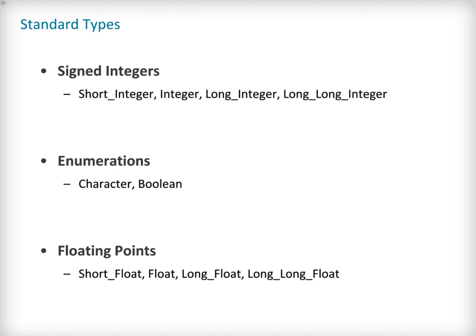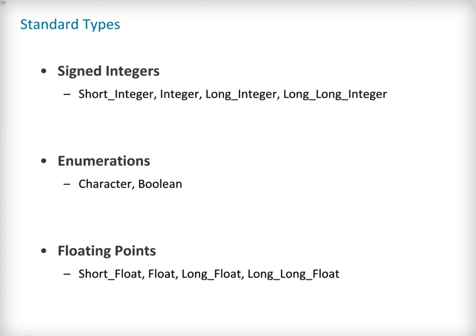One important point here is that the Ada standard does not provide any guarantee in terms of how big those types are. The only thing that we know is that Short_Integer is smaller or equal to Integer, which is smaller or equal to Long_Integer, etc. But on certain implementations, all of these types might be implemented on 8 bits.